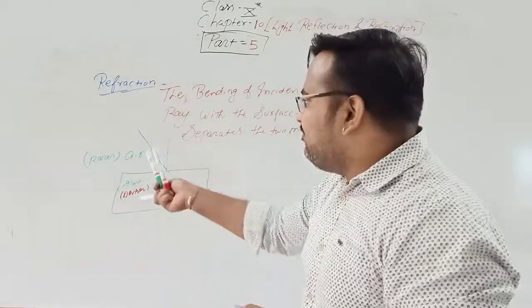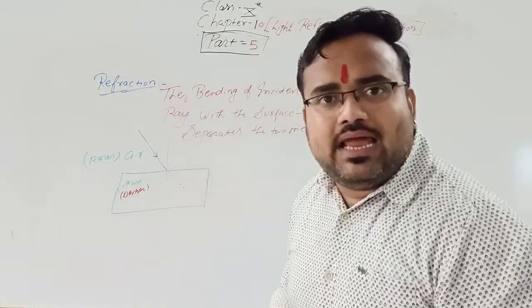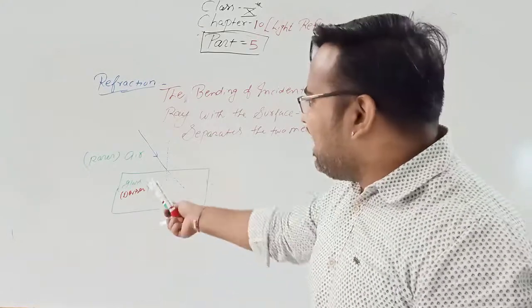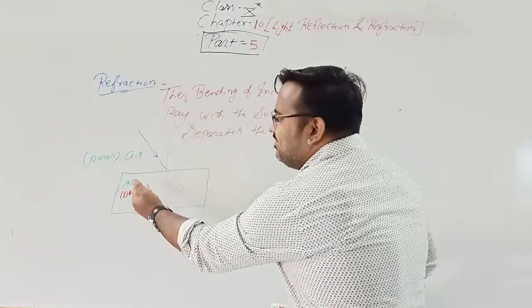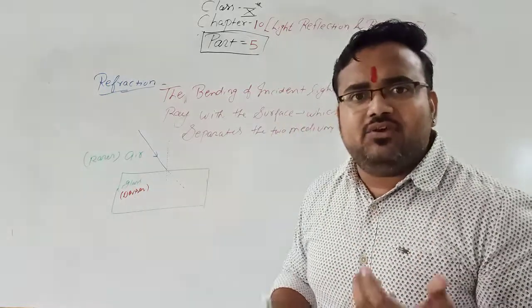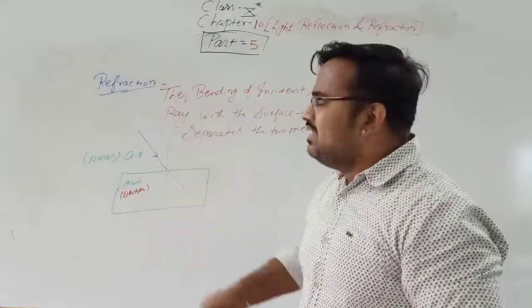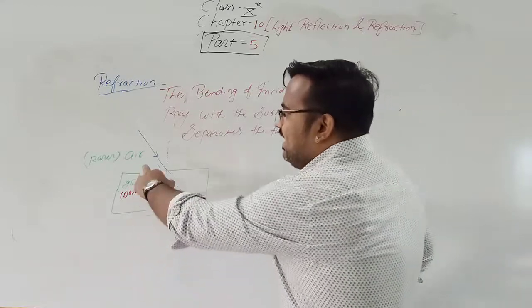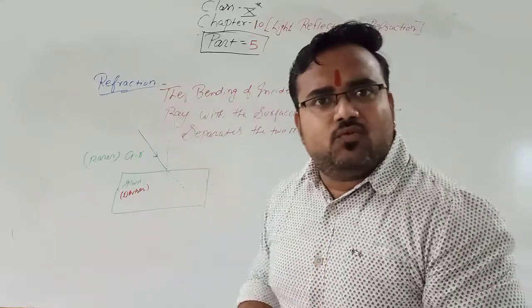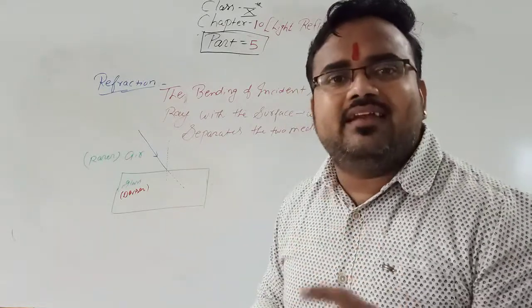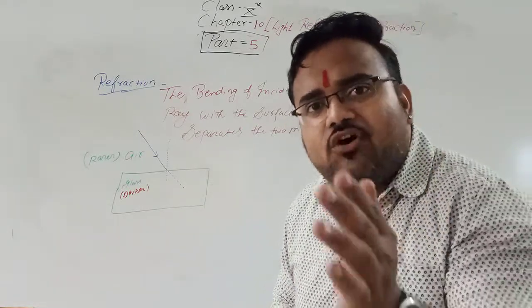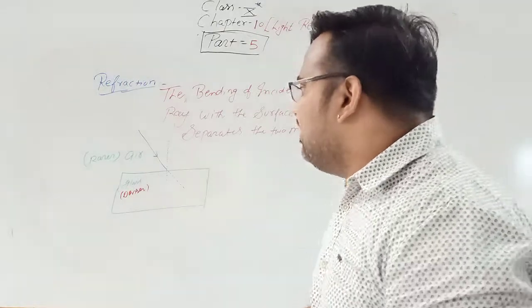That means the difference in the density. As we know, the density of air and glass is different from each other, and glass is denser. We know that a solid is denser than air. So air is known as rarer medium and glass is known as denser medium because there is a density difference, and the density of glass is more than air.